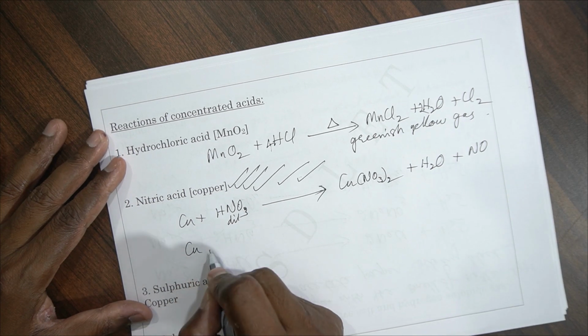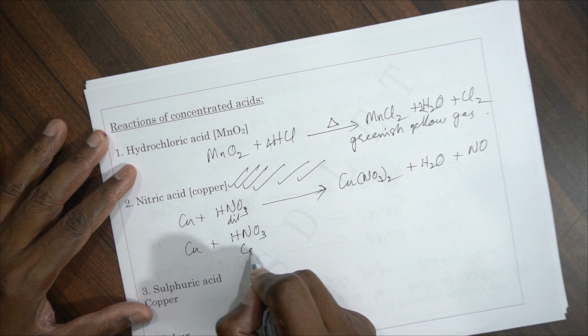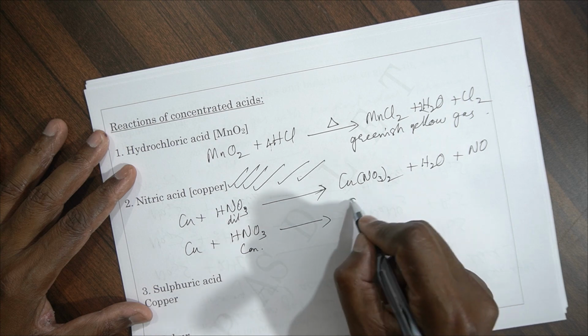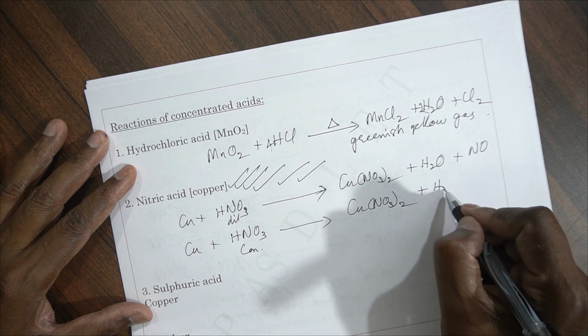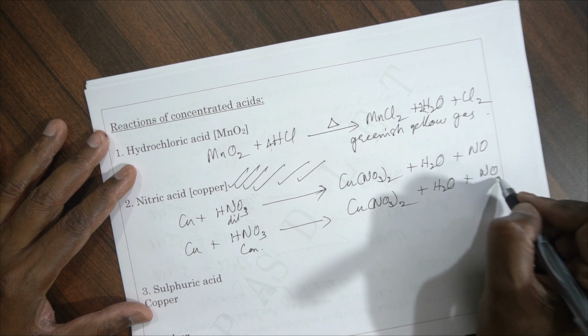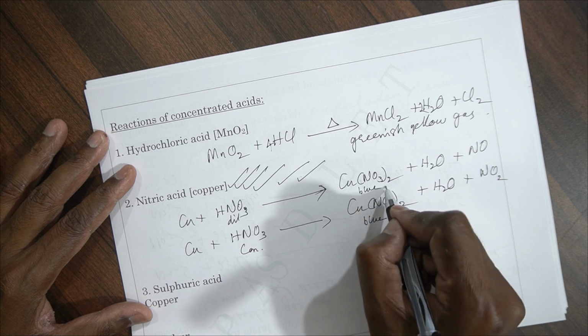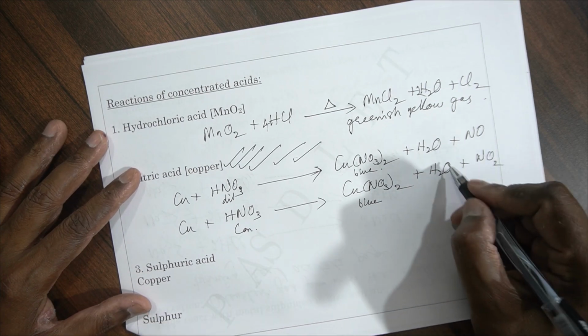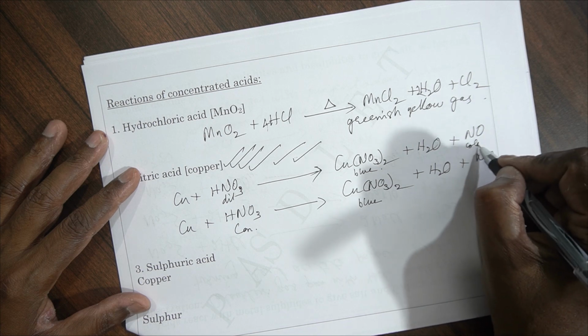Okay, now if you take copper and concentrated nitric acid, this is concentrated, so here it will be copper nitrate plus water and nitrogen dioxide. Now copper nitrate is blue color, so the solution will turn to blue color. Okay, and water of course is in the solution. Nitric oxide, NO, is colorless.